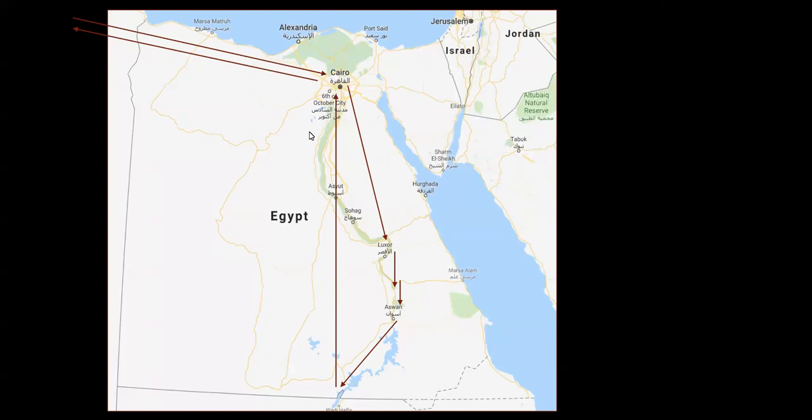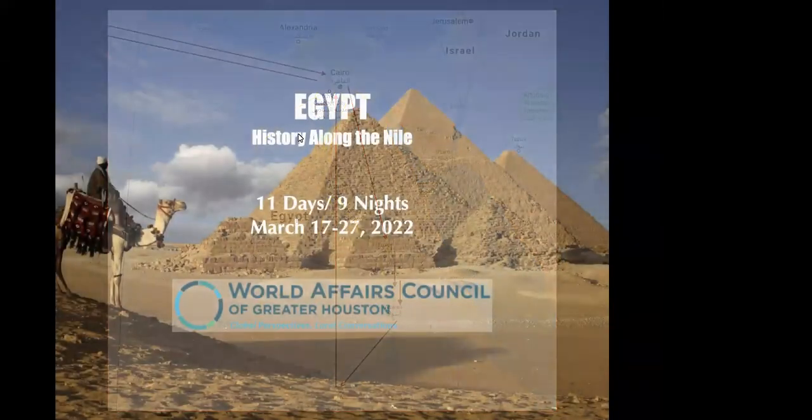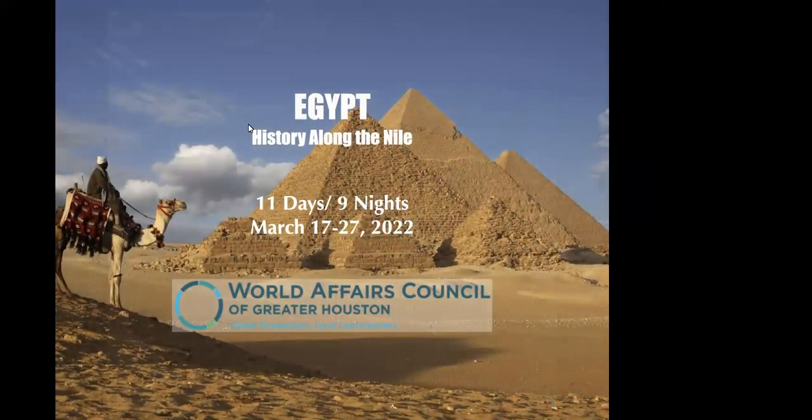We can just collect it under the general name of Middle Eastern food, but Egypt has its own emphasis on different spices and different tastes. So what we are going to taste will be a little bit different from what we may have tasted in Jordan or Saudi Arabia or any other Arabic country. So that brings us to the end of our trip.